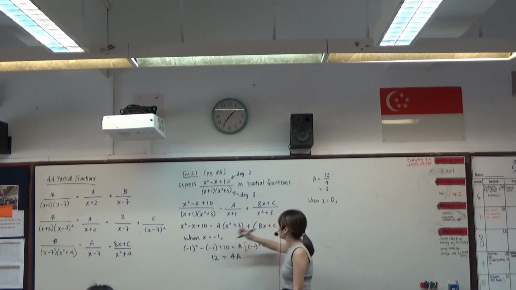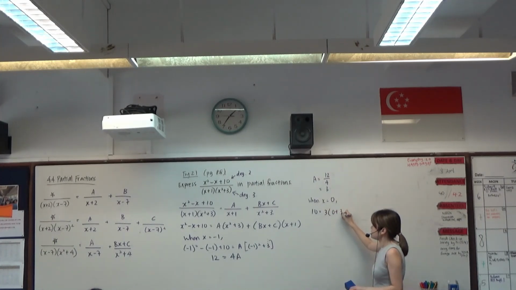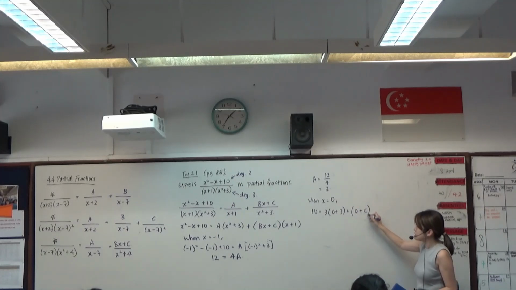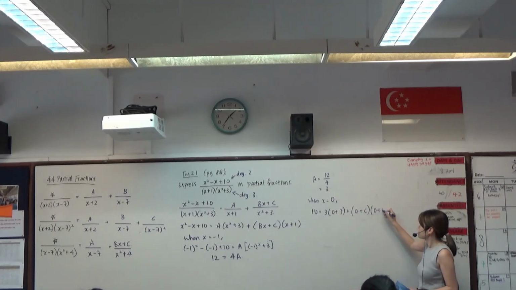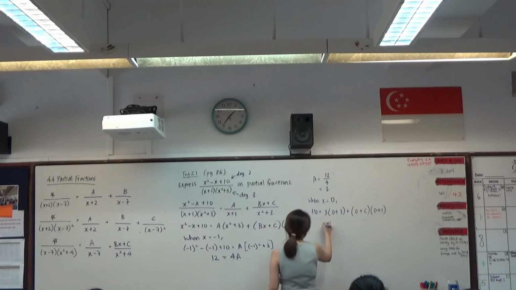On the left hand side, I will get 10. Then A, which is 3, times 0 plus 3, plus B is now 0, C is there, and then we get 0 plus 1. So just gotta be careful when we do our substitution.